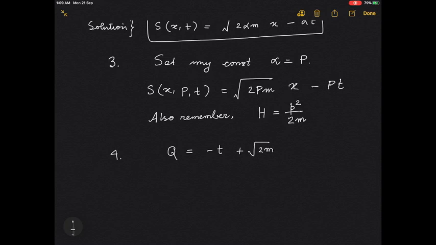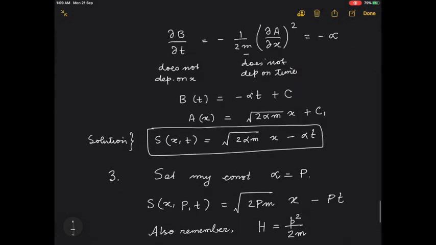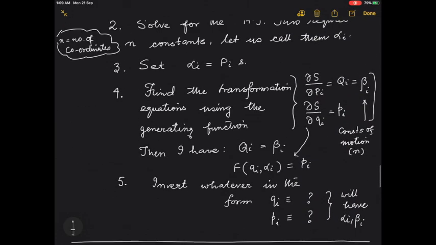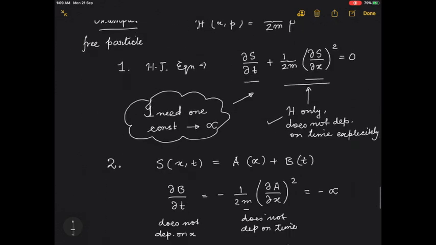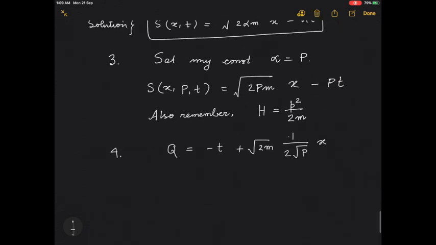The first term, I write the second term first, and then I have root over 2m, I have P to the power half here, which is 1 by 2 root P, times x, and that's it. That's the first thing that I get.